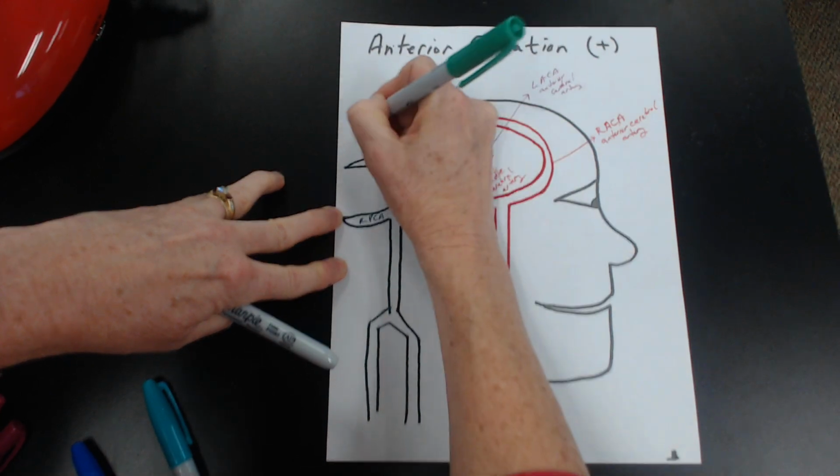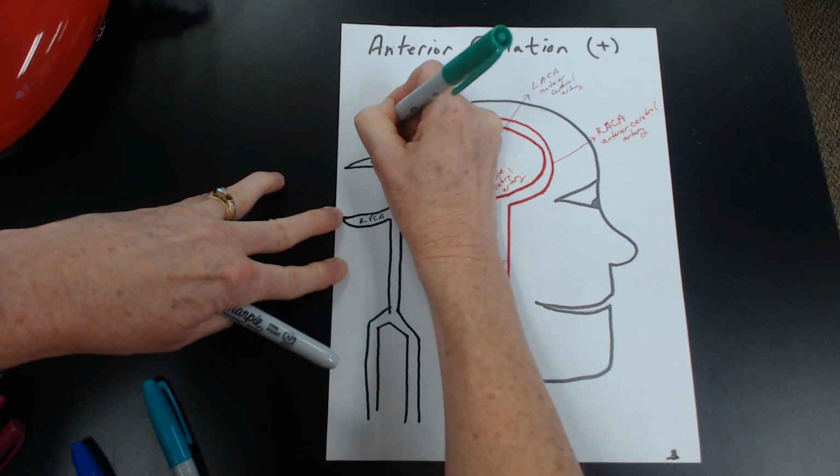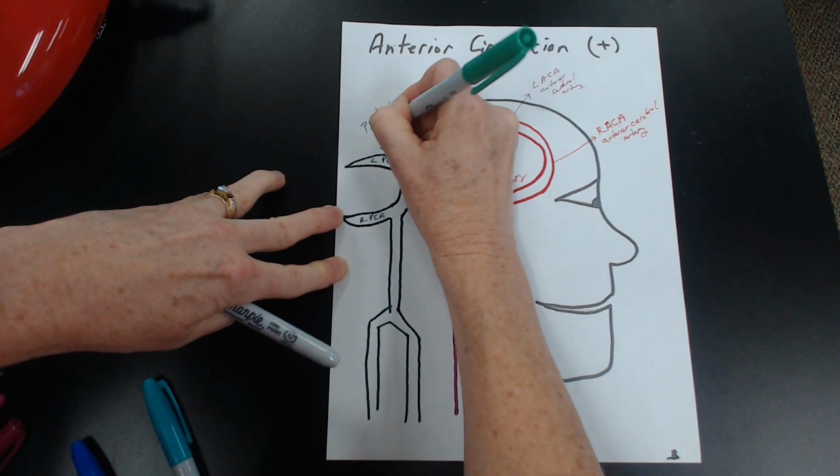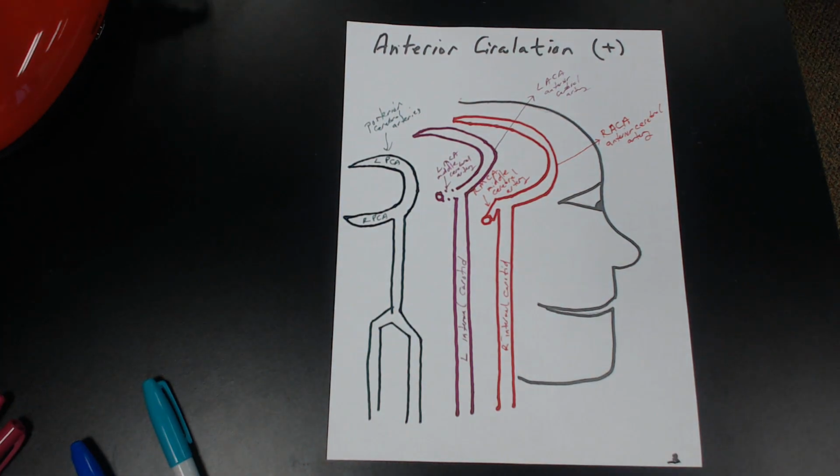PCA again stands for posterior cerebral arteries. Okay, not that hard, right? Just putting them together. And there's an important point here. We're going to look at it a couple of different ways. This is looking at it from the side, and sometimes I think it's a little harder to see from the side.